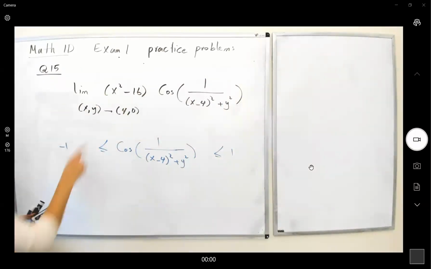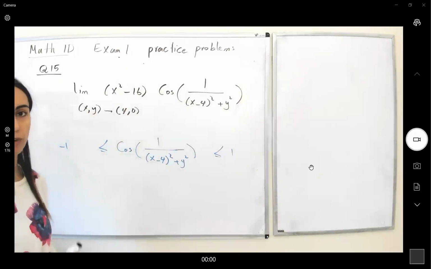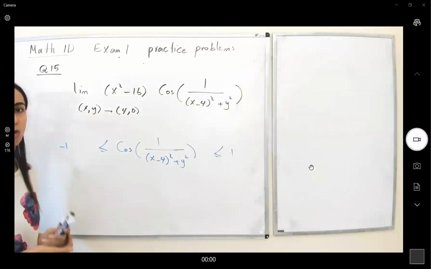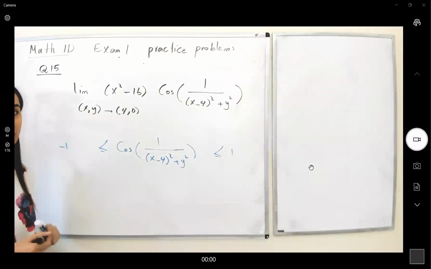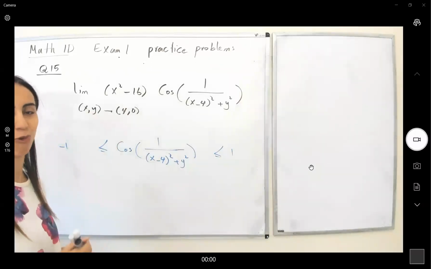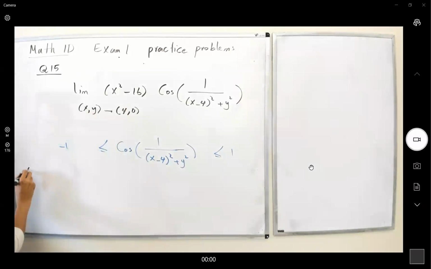Very well. x approaches 4 either from the right-hand side or from the left-hand side. I'm going to show you how to do it when x approaches 4 from the right-hand side. It means that x squared minus 16 is positive.